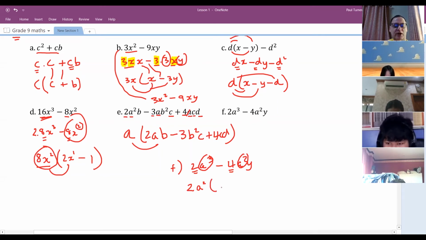You would be left with only a here, a^1. So a squared times a is a cubed. Remember, add the powers, minus, you took out a 2, so you must be left with 2 here. 2 2s are 4. Okay, and then a squared is gone completely because it's in the front, and you're just left with y. Okay, any questions about that? Okay, no problem. If you don't speak, I assume you understand.